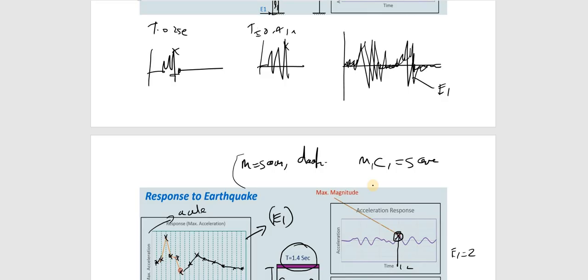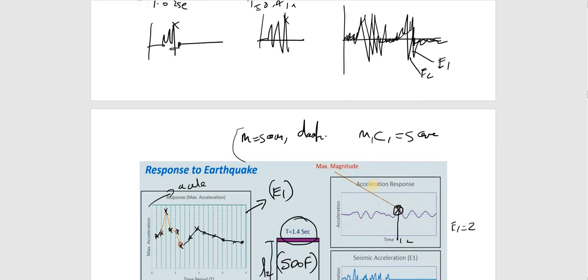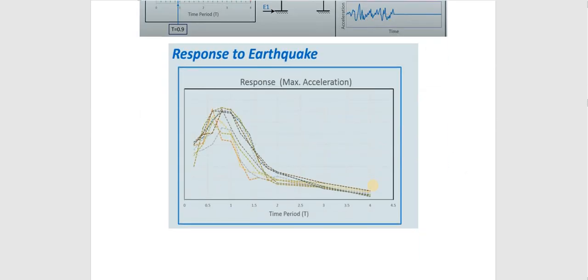It will be having a different response. Then that may be E2. Like that, we will be plotting for different types of earthquake. Let this one be for the E1 earthquake, next one for the E2 earthquake. E1 will be of one Richter scale, E2 will be of another magnitude. The magnitude will be changing. So we will be getting a graph like this.